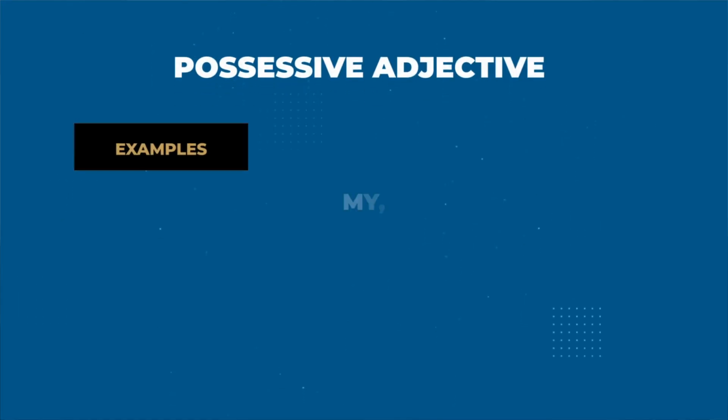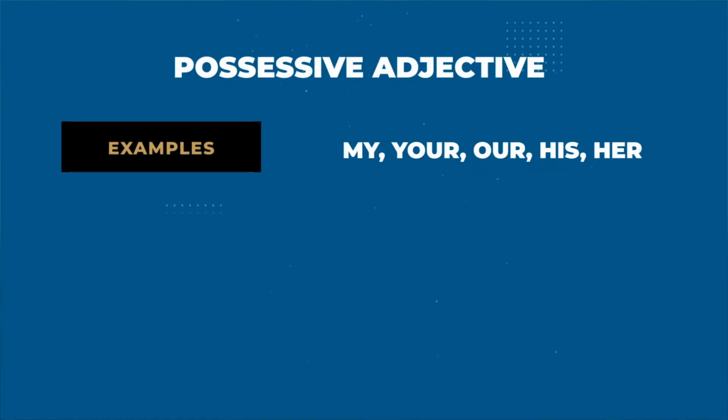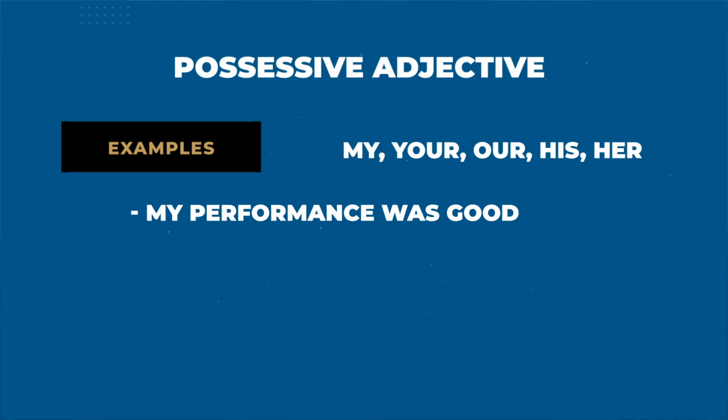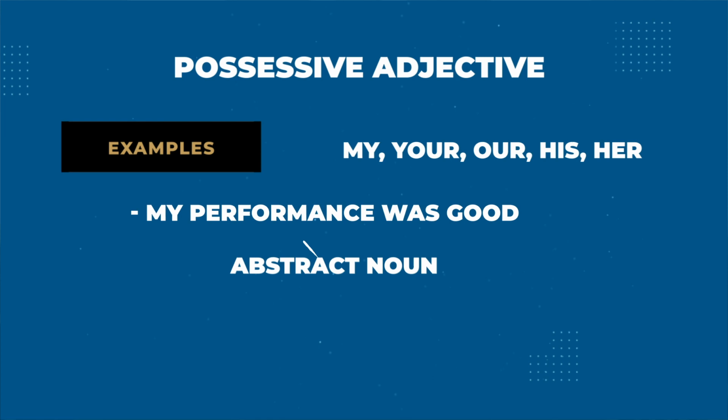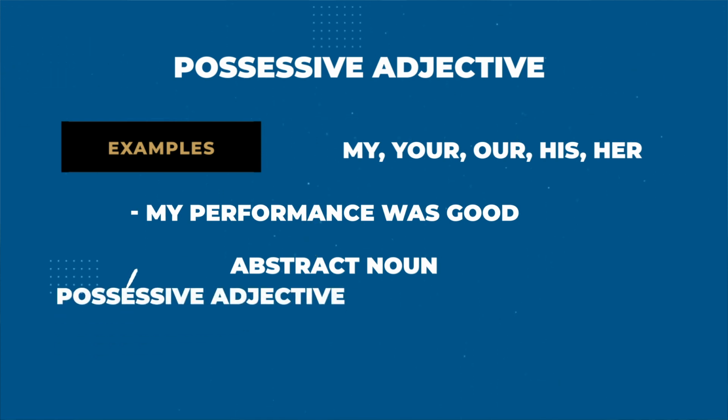The second way to identify nouns is to place a possessive adjective before it. For example, my, your, our, his or her. My performance was good. In this sentence, performance is playing the role of an abstract noun and "my" is a possessive adjective which we can place before it.